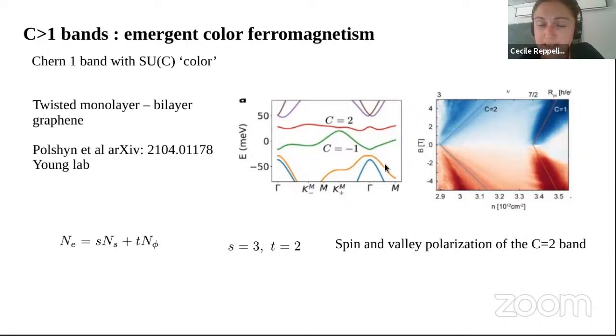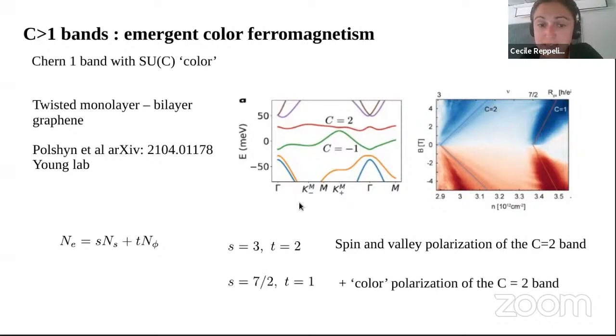This first state is at filling 3, so S equals 3, and a Hall conductivity of 2, meaning T equals 2. So this is interpreted as a spin and valley polarization in the conduction bands.